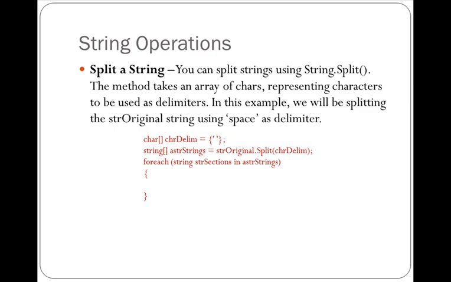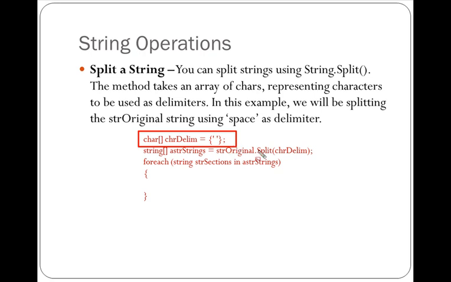You can split a string. This should be familiar to you from JavaScript. The split method takes a delimiter, and in this case the delimiter can actually be more than one. Here we just have a space. I could have a space, I could have a semicolon, I could add to that and create an array of delimiters, if you will.